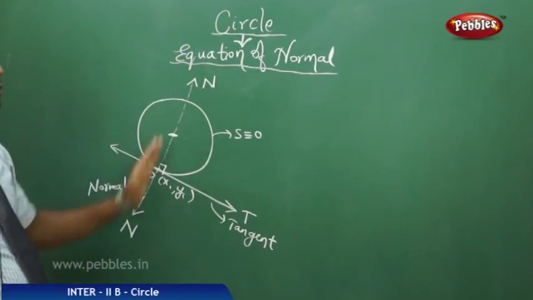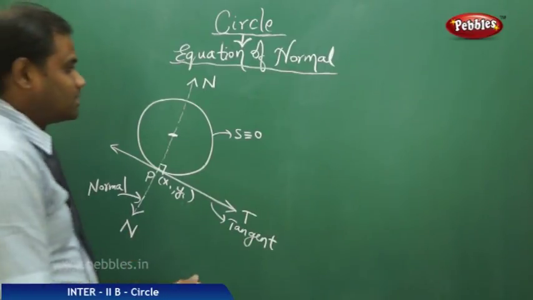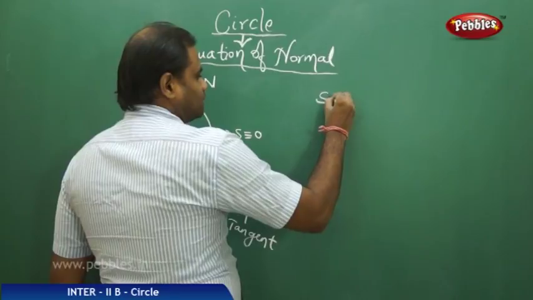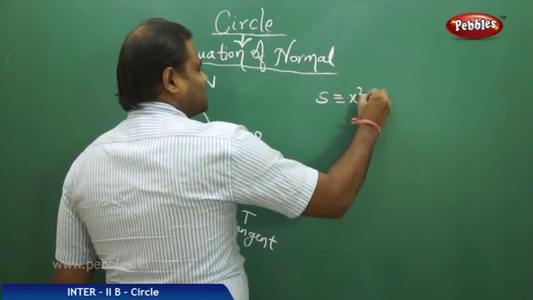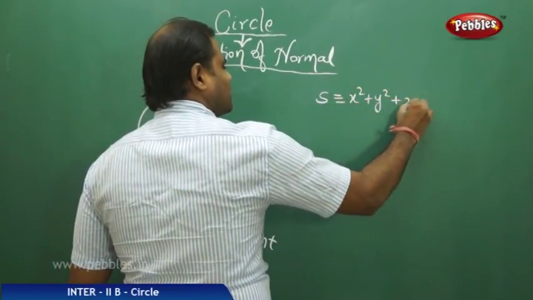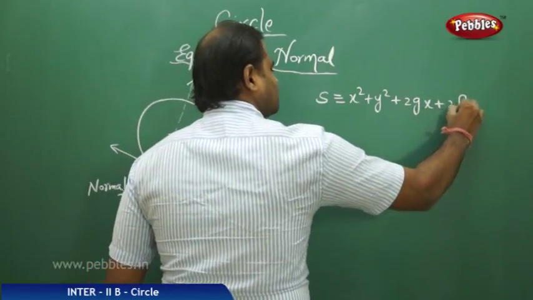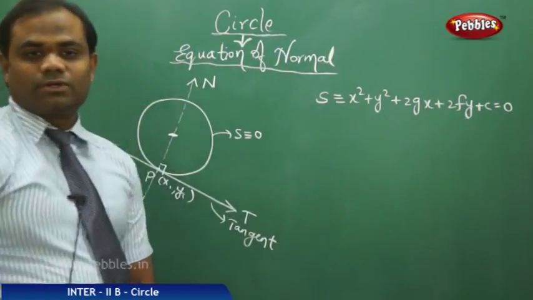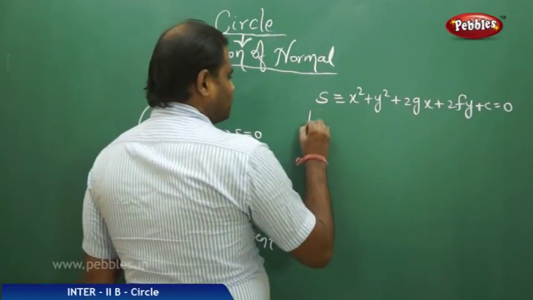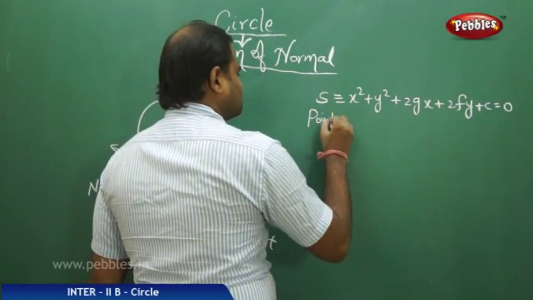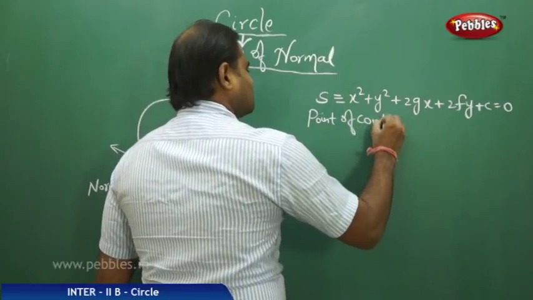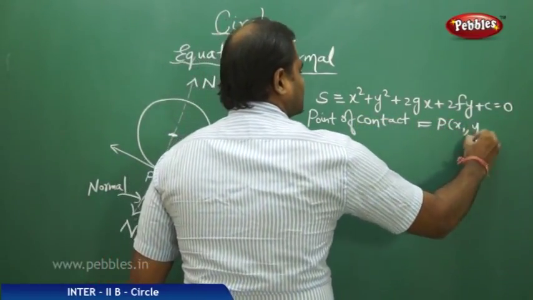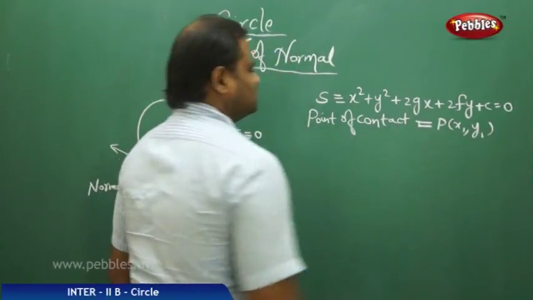The general circle is x squared plus y squared plus 2gx plus 2fy plus c equals 0. Now the point of contact is P(x1, y1).